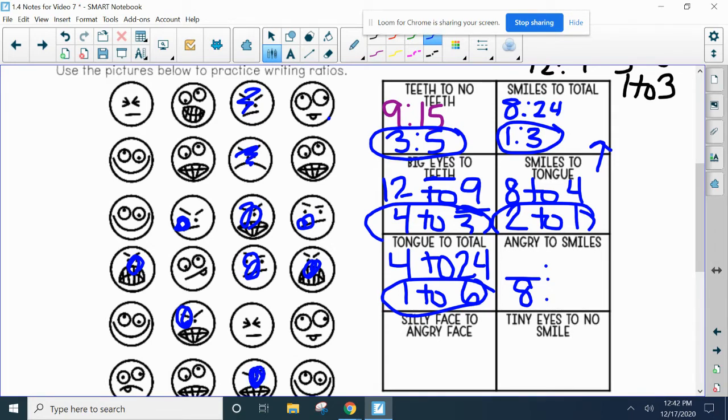I see 10 angry faces. So we have 10 angry to 8 smiles. Well, and again, angry to smiles, top to bottom. I can go ahead and simplify that. I can pull out a factor of 2 out of both of those. So 10 divided by 2 is 5. 8 divided by 2 is 4. And our end ratio is 5 to 4.